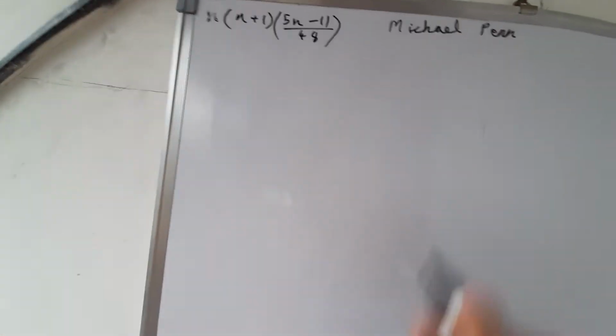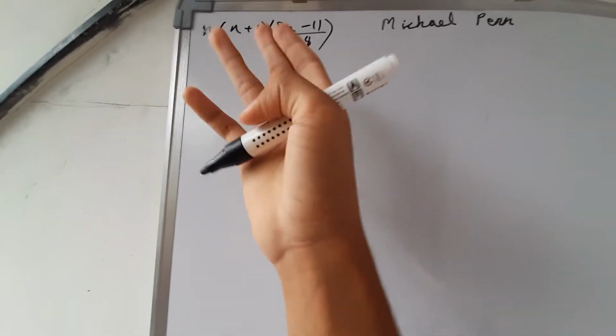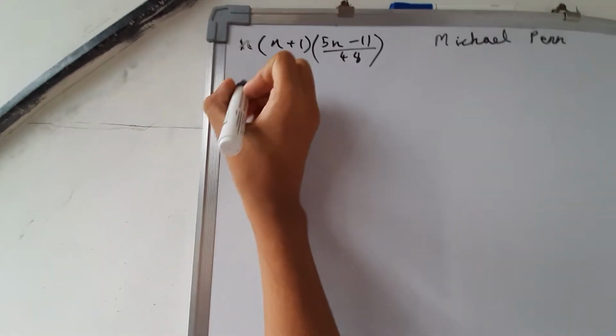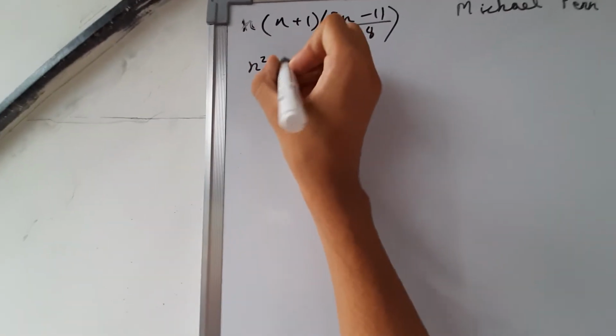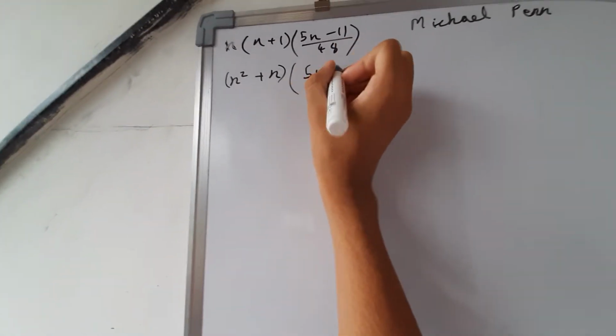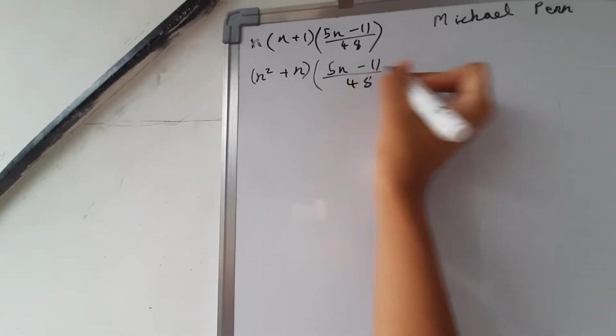So this expression has an interesting evaluation at which values of n, right? So I thought of this. Let's expand this a little: n squared plus n times phi n minus 11 upon 48.